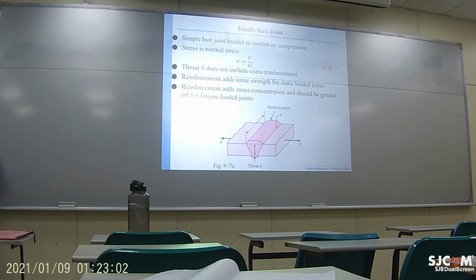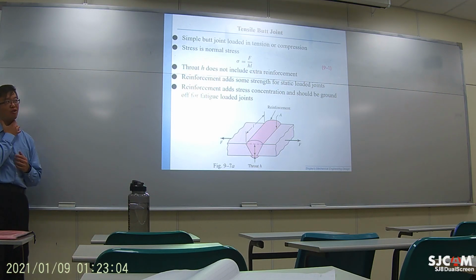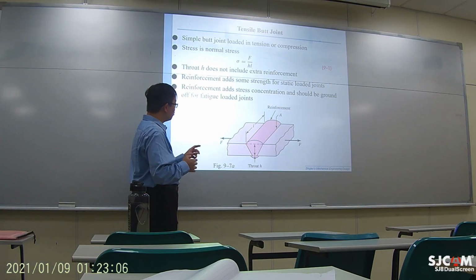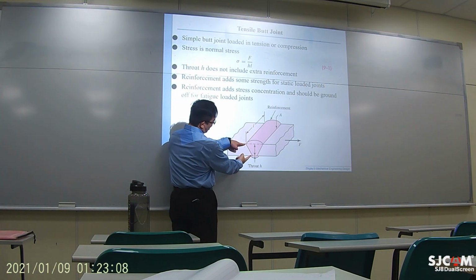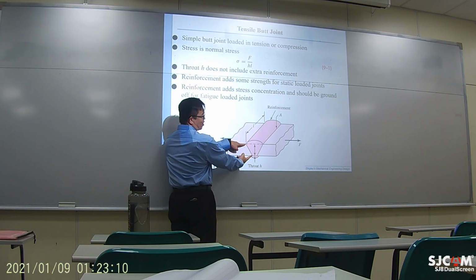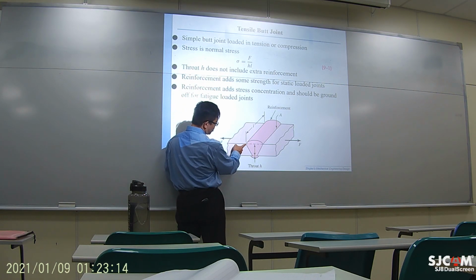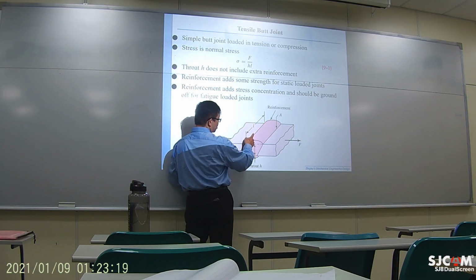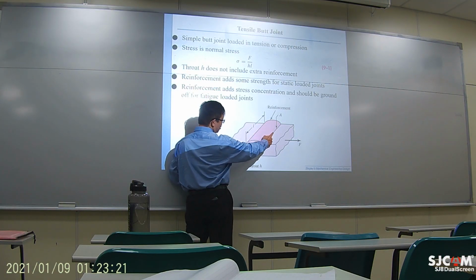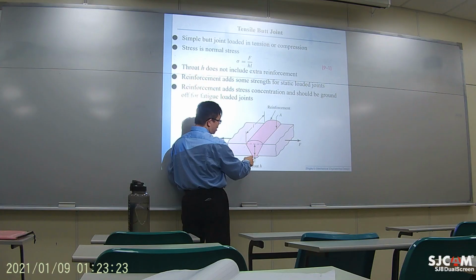Why do we focus on the most narrow part? If you focus on this particular length, this length is a lot longer. And if you compute the stress area, you use this tilting length multiplying the total length of the weld, then you have some particular area.